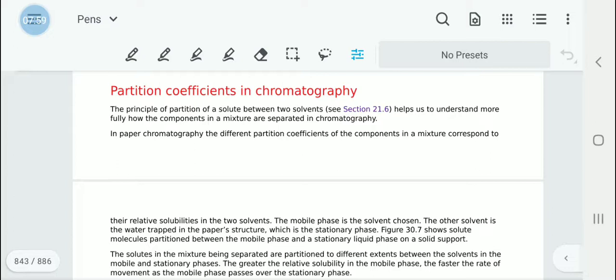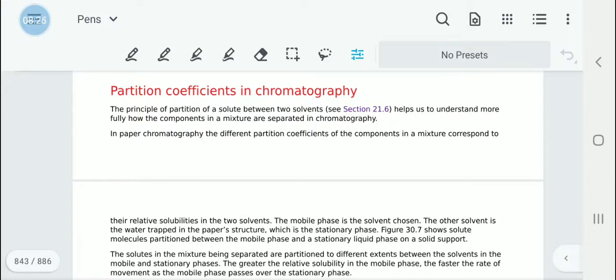Now we have chemicals with different partition coefficients of the components that make up this mixture, and they will correspond to their relative solubilities in the two solvents.